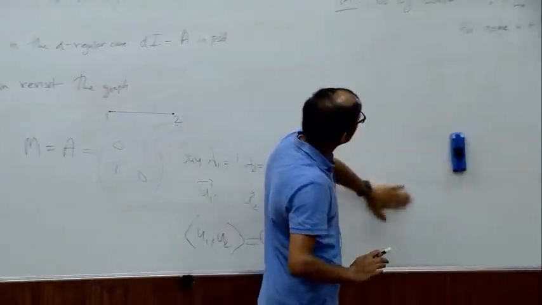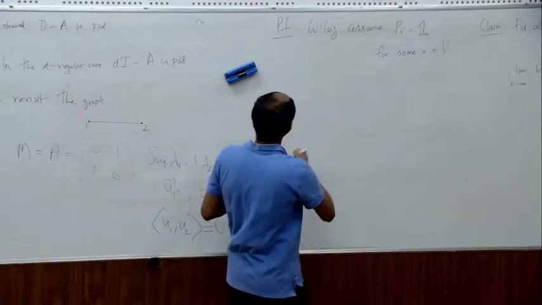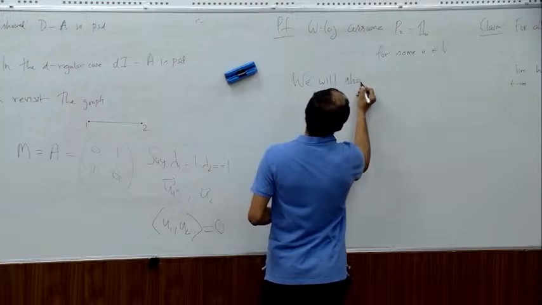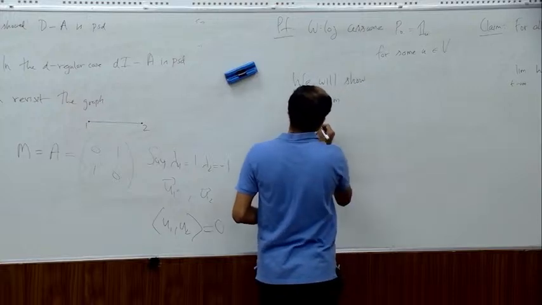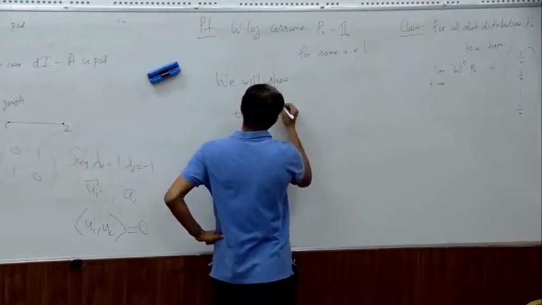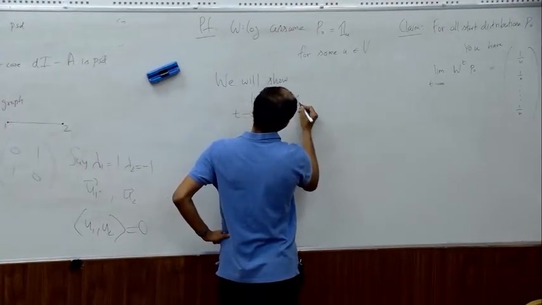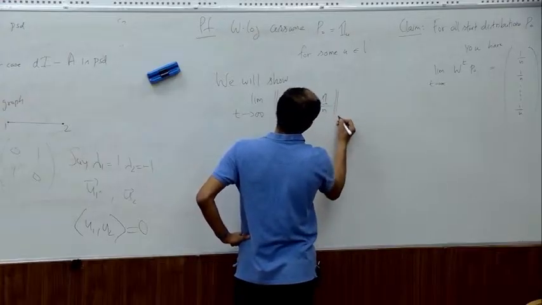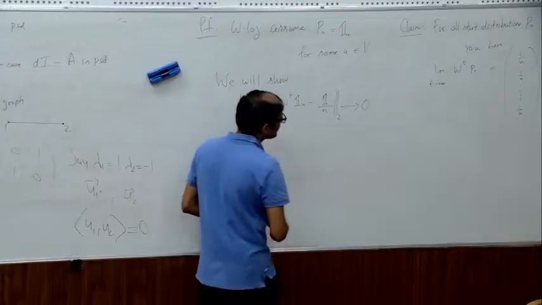So let's see how we can prove this. So here is what I would show. We will show that limit t tending to infinity, W power t times 1 sub u minus the all ones vector over n, this thing goes to 0.